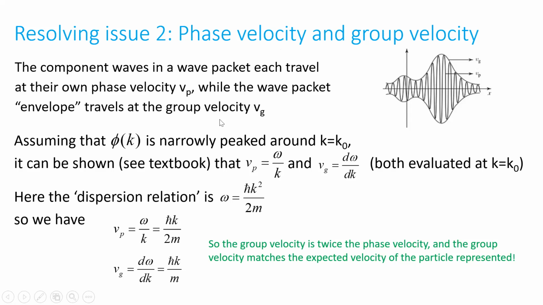We can take care of both of them really by adding up these stationary states with different weights and creating wave packets, which are localized waves which can be normalized. And then the group velocity of these wave packets, as defined as the derivative of omega with respect to k, turns out to give the expected velocities for the free particle.